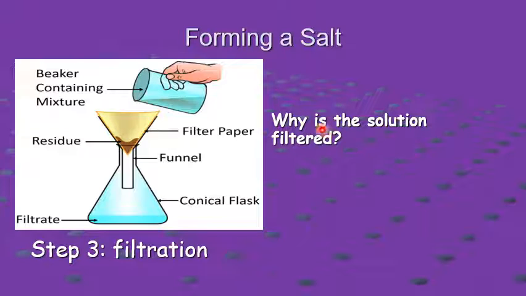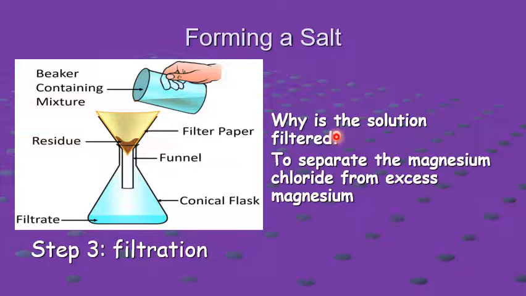The next step is the solution is going to be filtered. All right, filtration is our next step. Why is the solution filtered? So the solution is going to be filtered to separate the magnesium chloride from the excess magnesium. Of course, when we recall the apparatus used for filtration, you have your conical flask, you have your filter funnel.